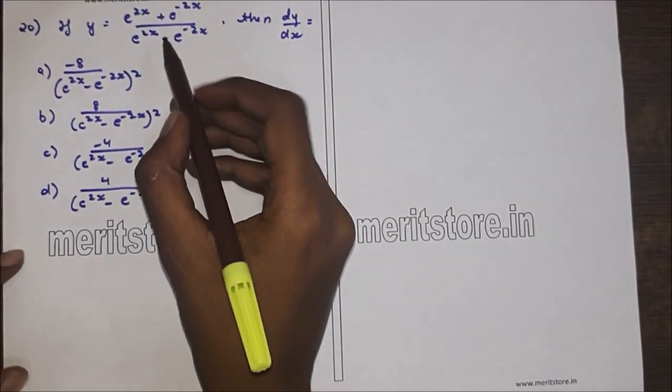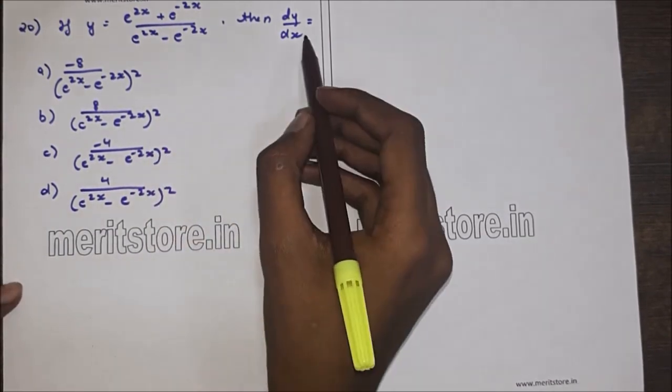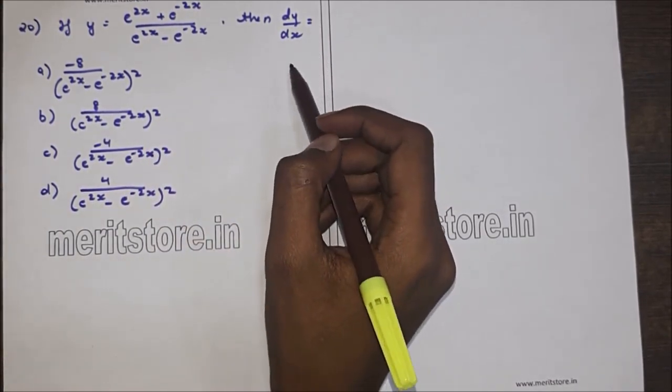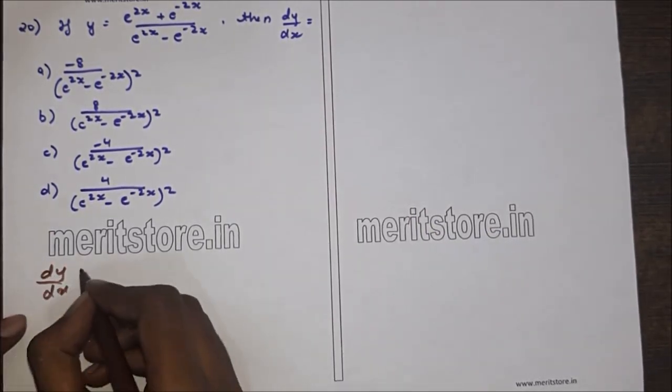y is (e raised to 2x plus e raised to minus 2x) upon (e raised to 2x minus e raised to minus 2x). Then the value of dy by dx is, these are the options. So dy by dx, this is in the form of u by v.